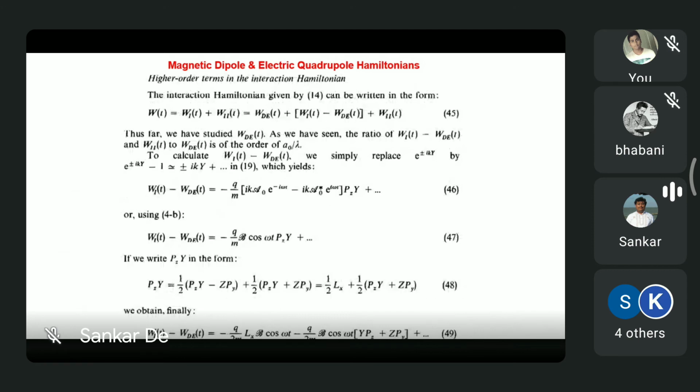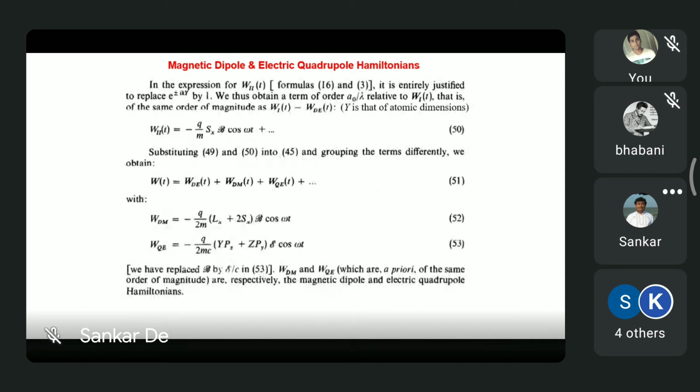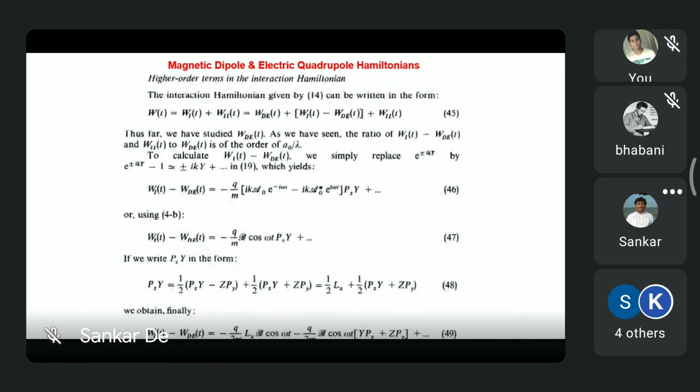The electric quadrupole is actually the last term of equation 49, but here you can replace B by the electric field E when you include a c term. So the magnetic dipole will have the Sx term, which is from W2 interaction, and the Lx term, which is from W1.